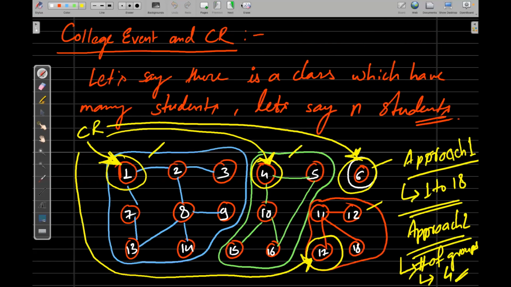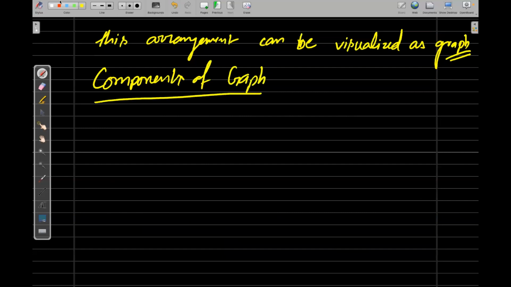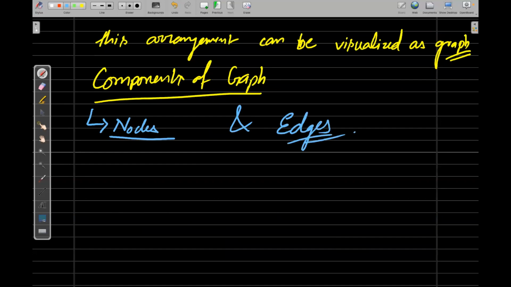The two basic components of a graph are, what are those? They are nodes and edges.